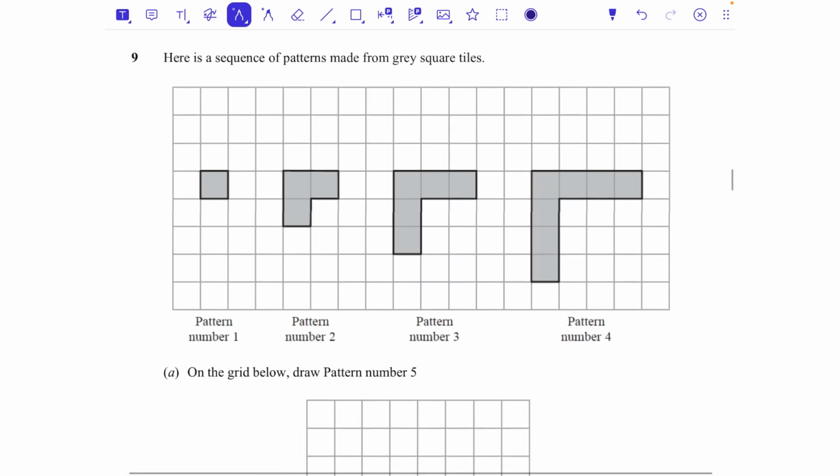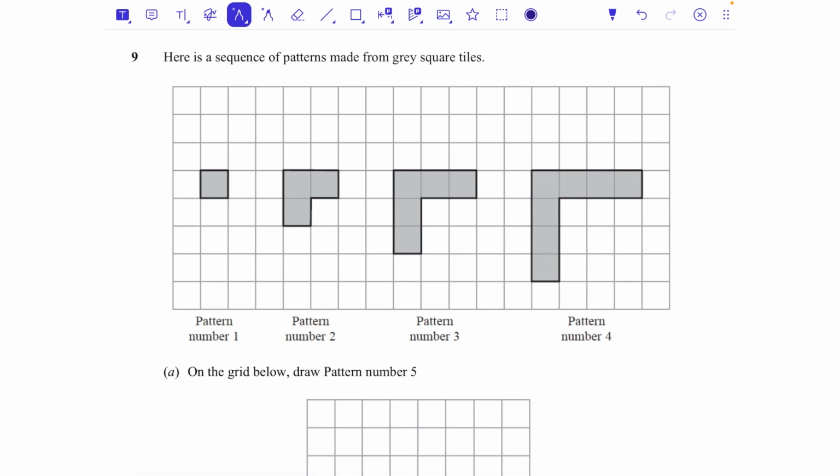There we go. Question number 9. Here is a sequence of patterns made from grey square tiles. On the grid below, draw pattern number 5. So we're starting with just a square, and then each time we go up a pattern number, we're adding 1 square on the right and 1 square down below. Same for the next one, we've added another square on the right and another square down below.